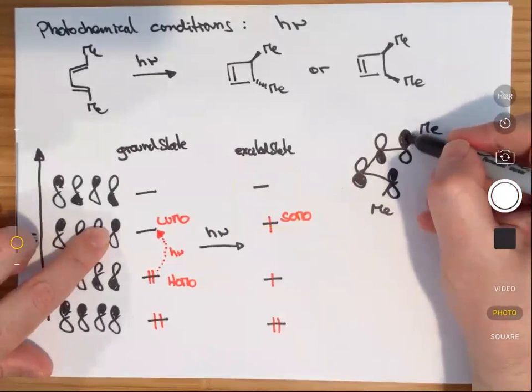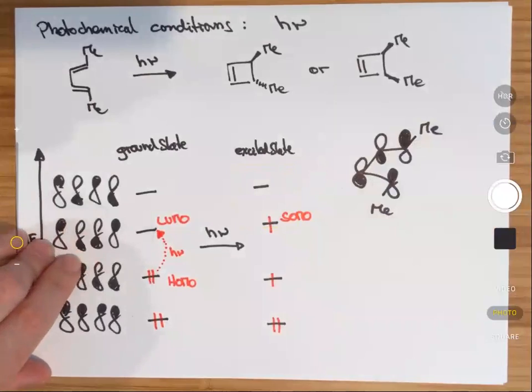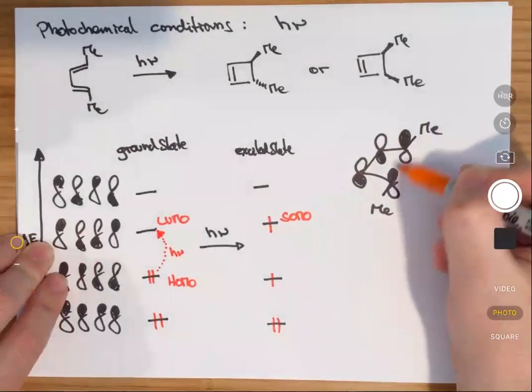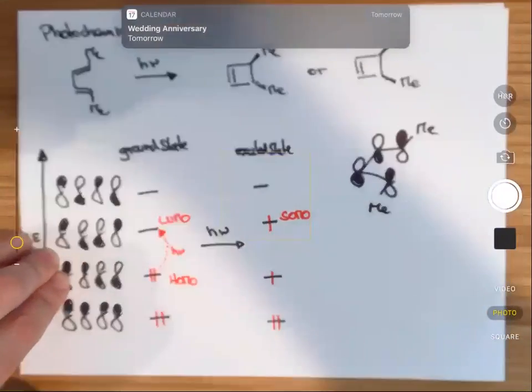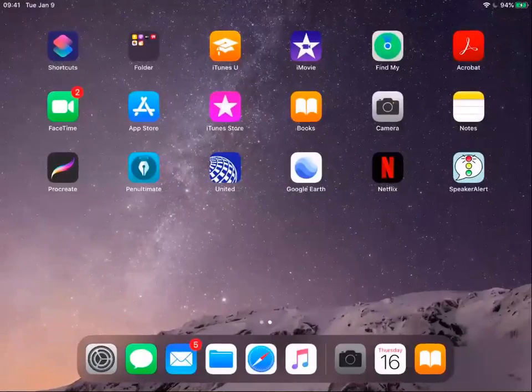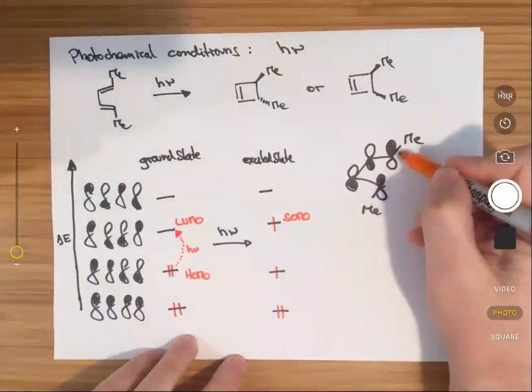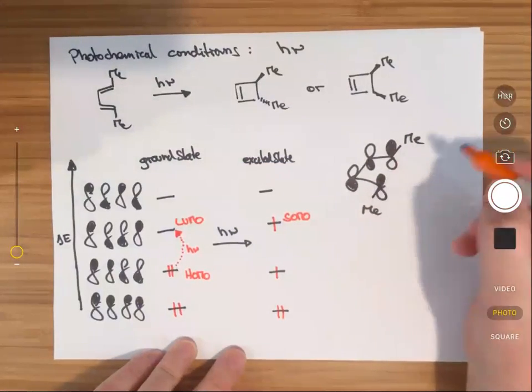Now, the question we can ask ourselves is, how do we have to rotate the system in order to make a sigma bond between these two lobes at the end of the pi system?